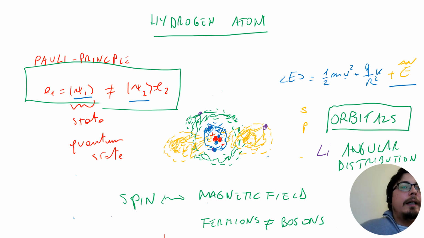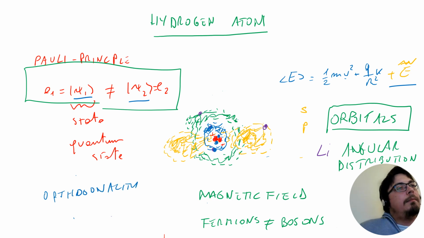And then finally we discussed a little bit about orthogonality, meaning that the product of two states is zero, and this can be vectors or functions, it doesn't matter.